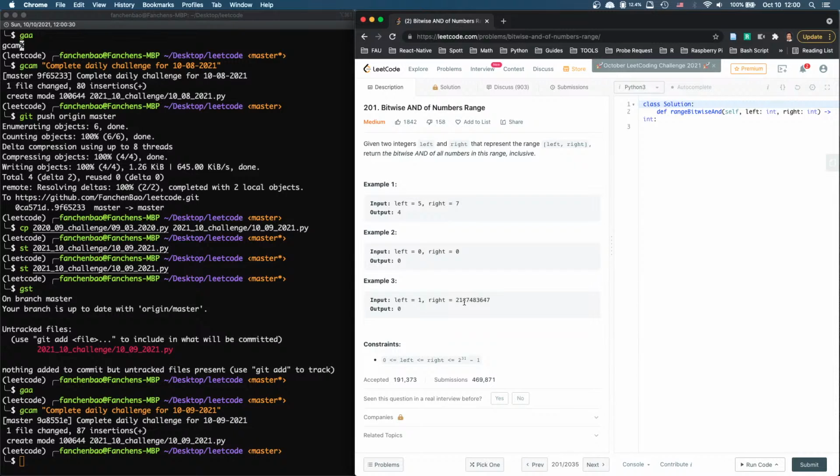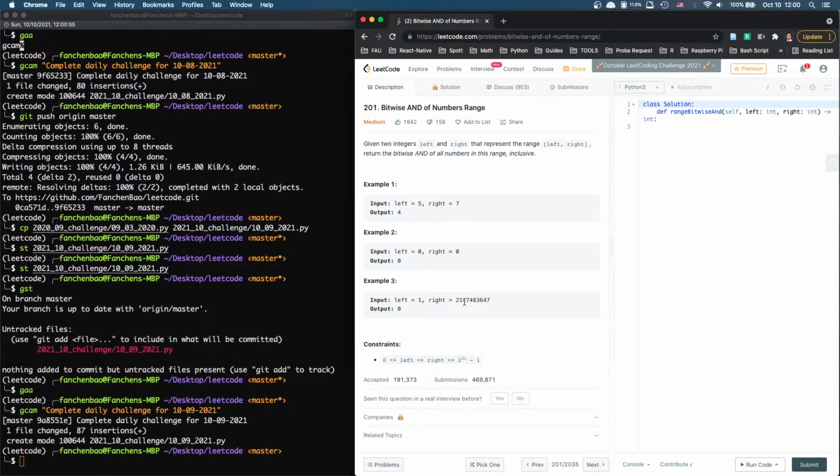We only need to care about the positions with 1, right? Therefore, what we need to know is, along the line where we have values in those positions, if there are numbers in those positions that have 0, then we are done, right?